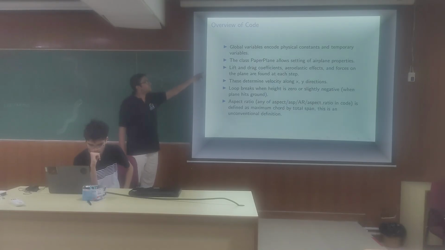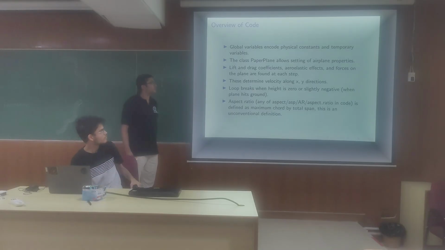Lift and drag coefficients and how the aeroelastic effects affect them. These are in a get forces function, which then goes into a derivatives function for the time steps. Now we determine velocity and acceleration based on that. We break the loop of flight once the plane hits the ground.